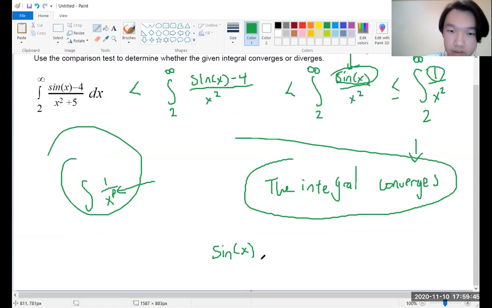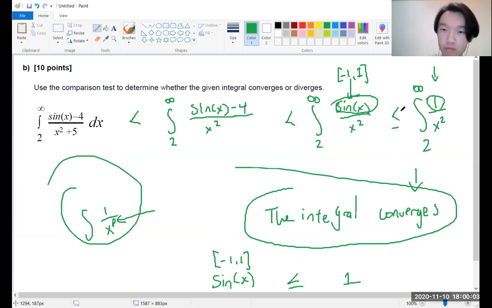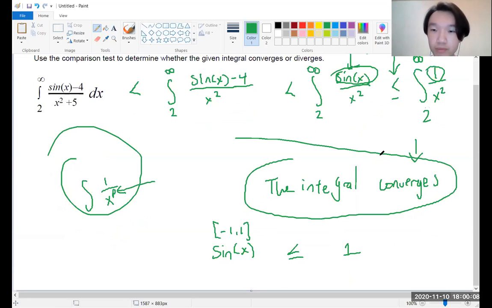If you were to write an inequality sign between these two functions, you put a less than or equal to because the range of sine only goes from -1 to 1. So it's always going to be less than or equal to 1, which is why we are able to put this inequality sign here. Does that clear it up, Devin?